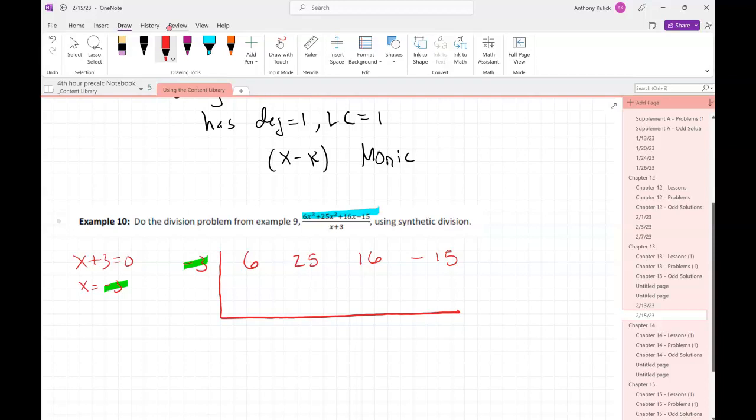Does anybody remember? I have to be especially careful that if I'm missing any terms, I put a 0 there. Now that didn't happen in this case, right? I didn't need to worry about including a 0.